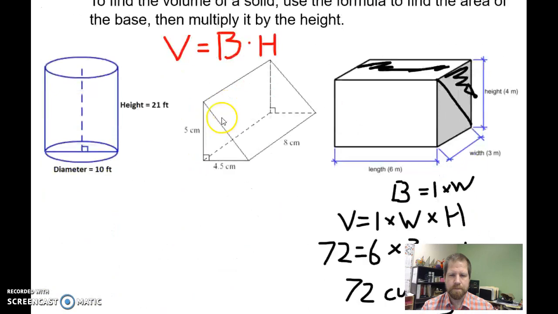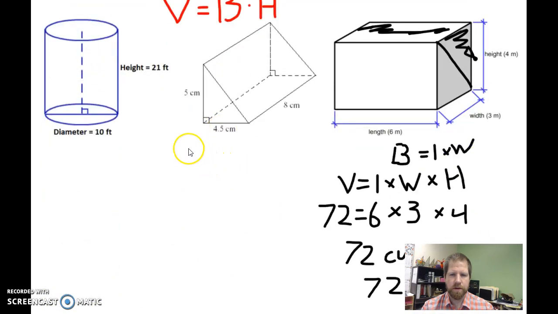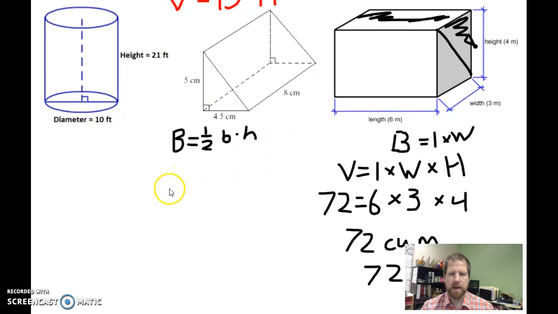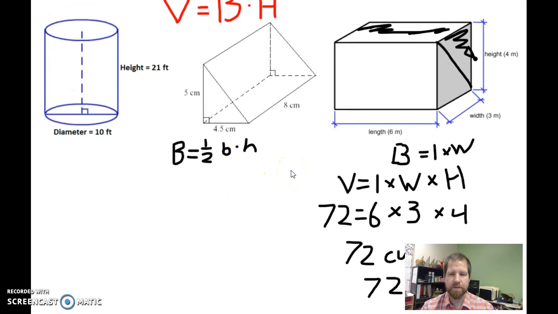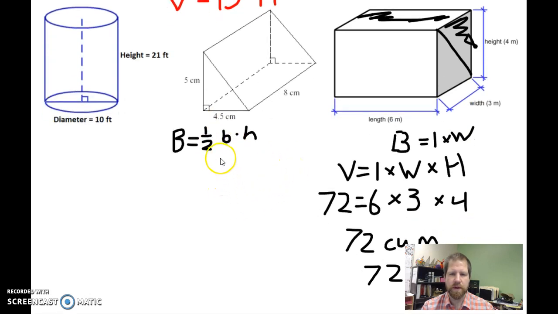So we're going to do our big base is equal to 1/2 length times width, or base times height. Little base times a little height. All right, and I'll do it in two separate formulas this time, so we can look at it both ways.